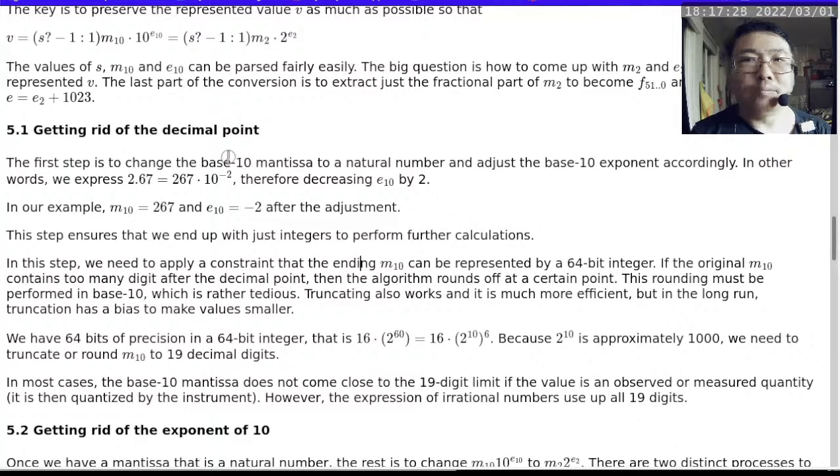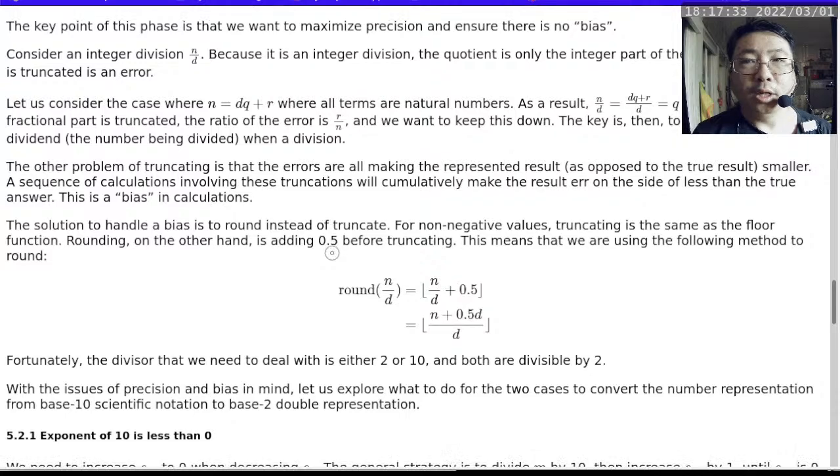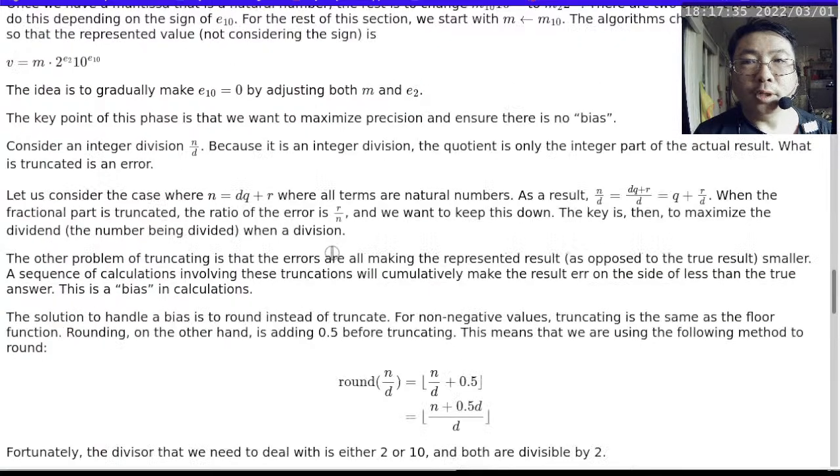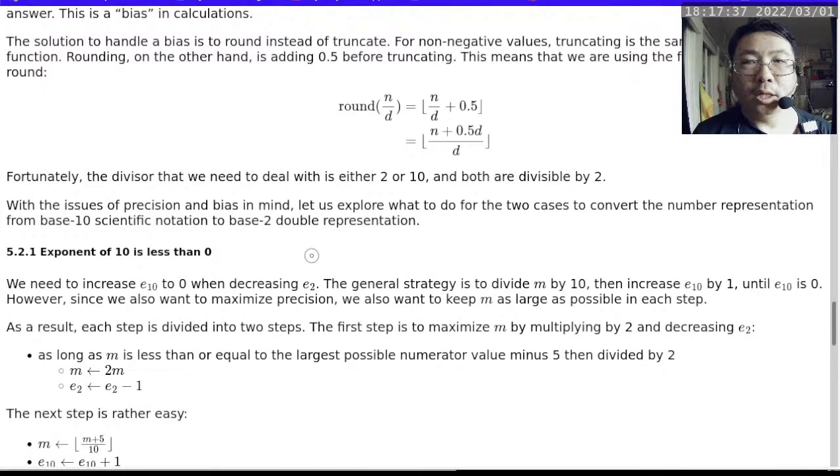So that part is basically 5.1. Section 5.2 has 2 subsections. One subsection has to do with a negative exponent, the exponent of 10 being less than 0. That's your homework. So your homework has to do with section 5.2.1. At least this one, the next one is going to be the other one.